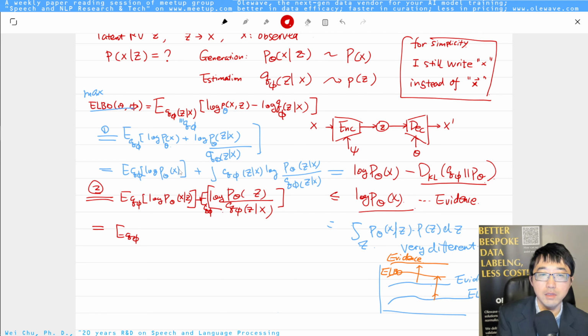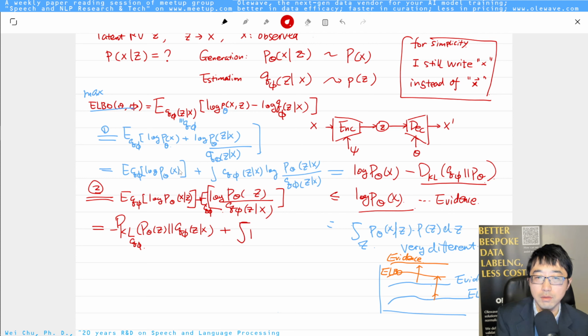Let's see what the second term is. The second term is actually the KL divergence, right? This is done on the q phi. And the first term is what? Let me write the actual equation of this, okay?